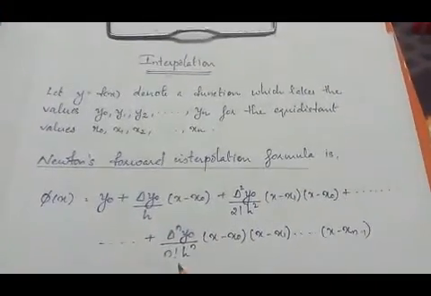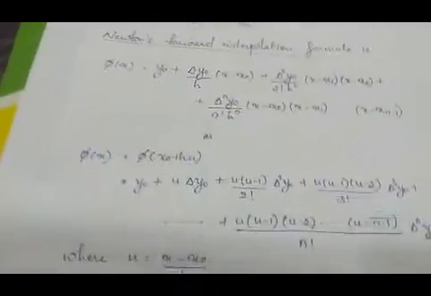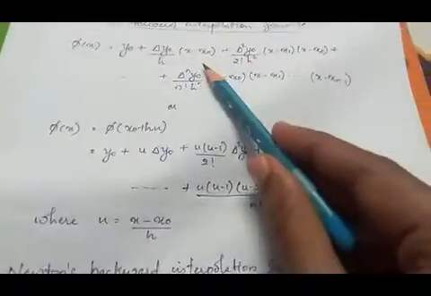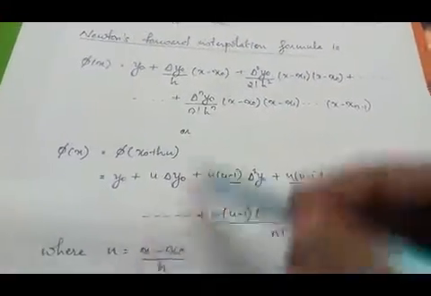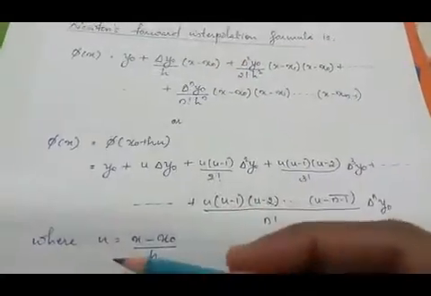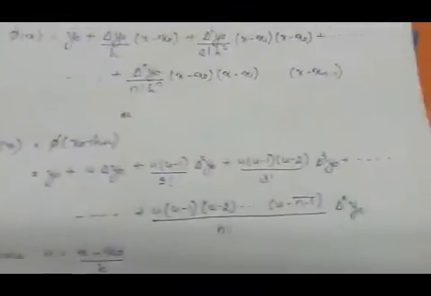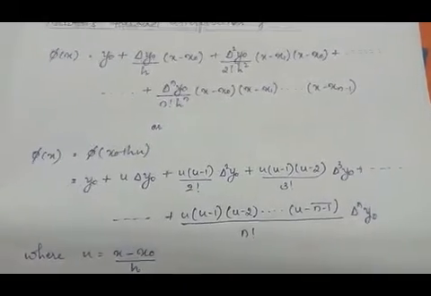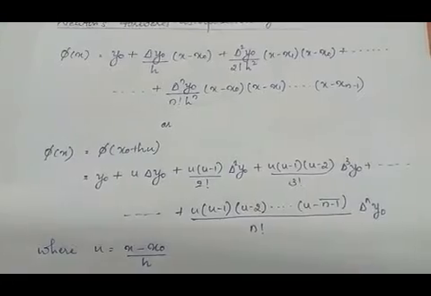Now we have a simpler form for this formula, and that is obtained by substituting x minus x0 by h with u. So by substituting x minus x0 by h with u, you will get a simpler form of the formula, that is phi of x, where now x becomes x0 plus hu.